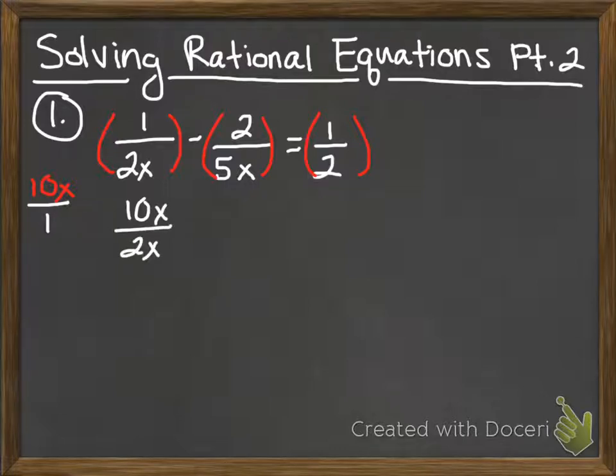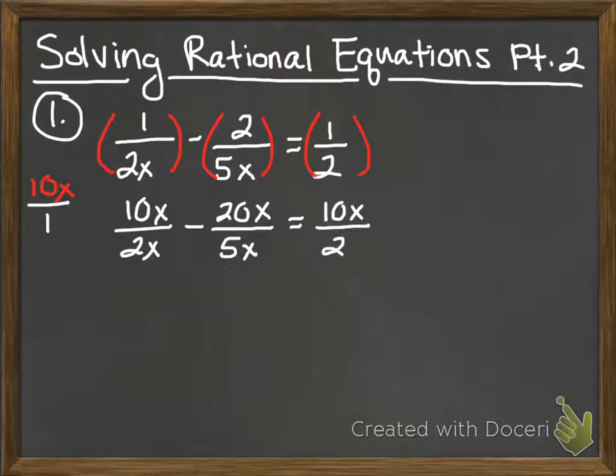And I hope that right now you can see that that will simplify, but I'm not going to touch that right now. Alright, the next fraction, there's my minus sign, so 2 times 10x is 20x, and 5x times 1 is 5x, equals 10x times 1, 10x, 1 times 2 is 2.